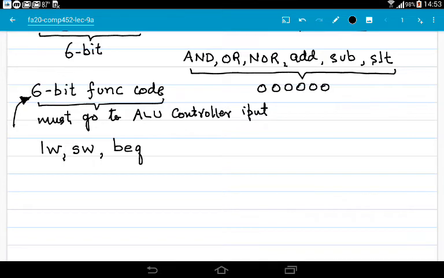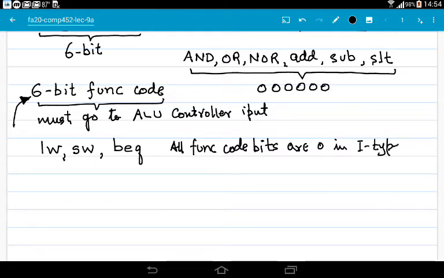In these I-type instructions, all function code bits are 0.